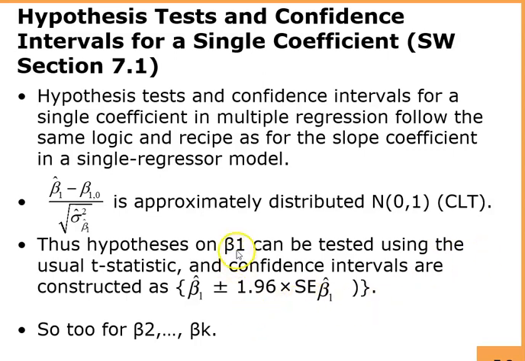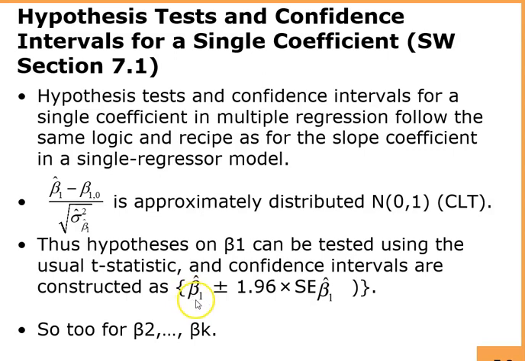Similarly, the hypothesis on beta 1 can be tested using the usual t-statistic which I just described, and also the confidence intervals as constructed through this equation over here. Pretty much remains the same from the previous lecture.